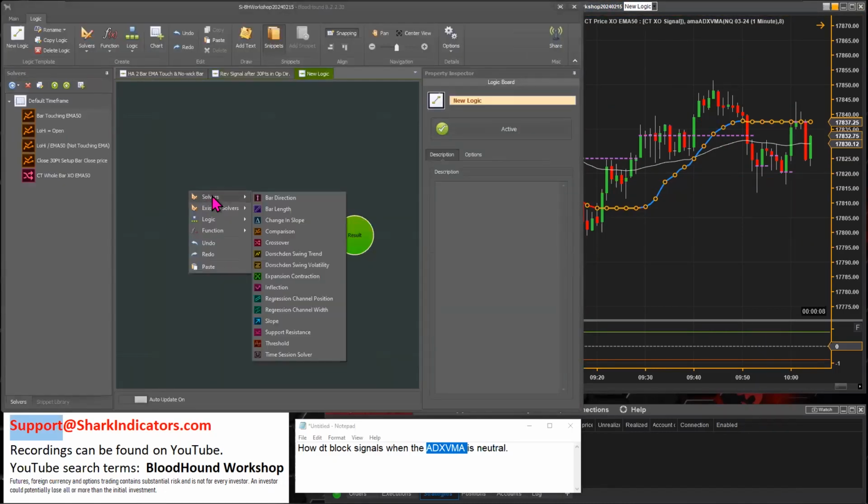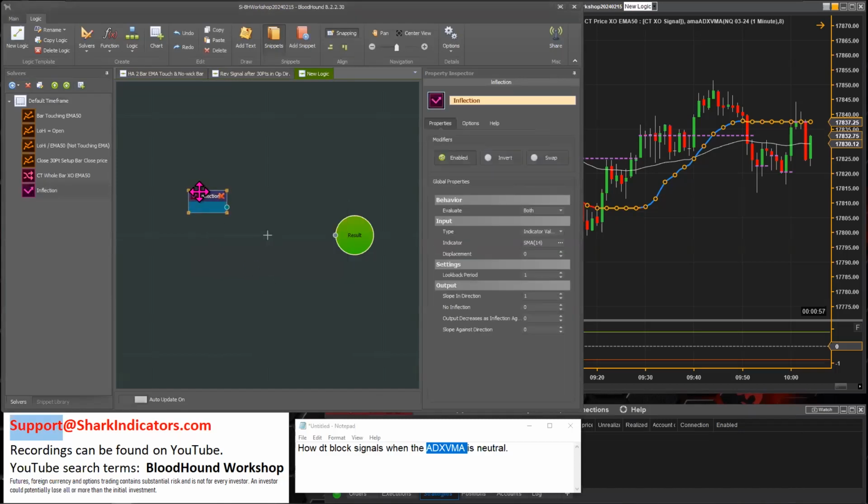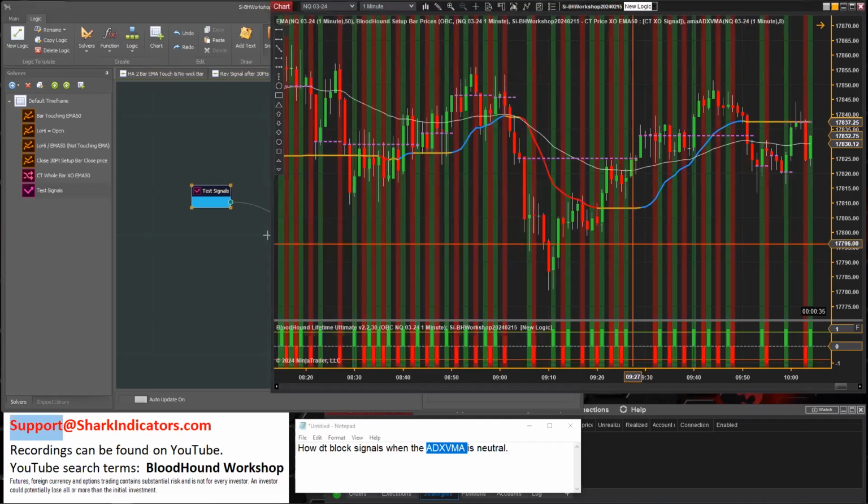So first I'm going to just create some test signals here. And I'm just going to use the inflection solver. All right, so with the inflection solver, let's switch the input over to price. All right, we can see, there we go.